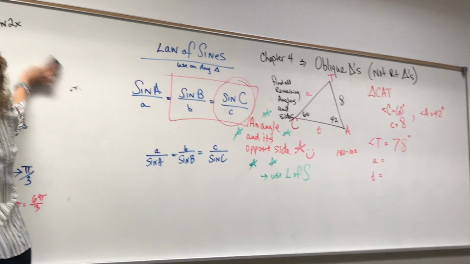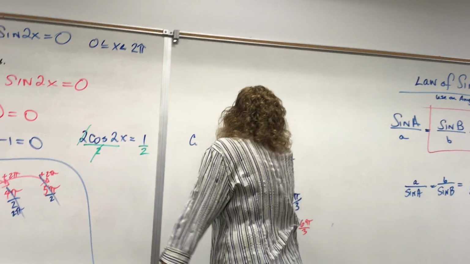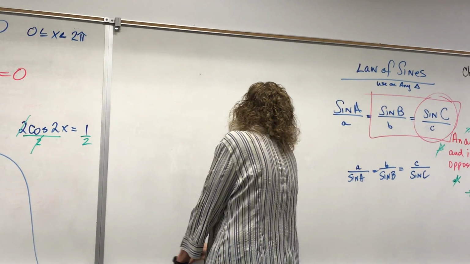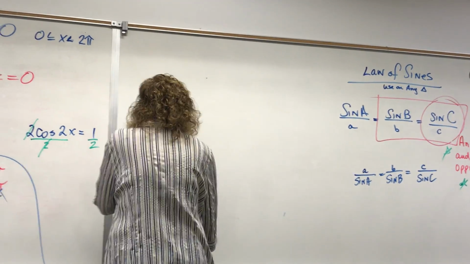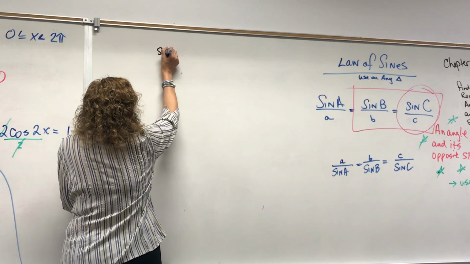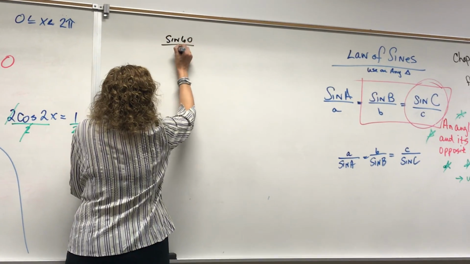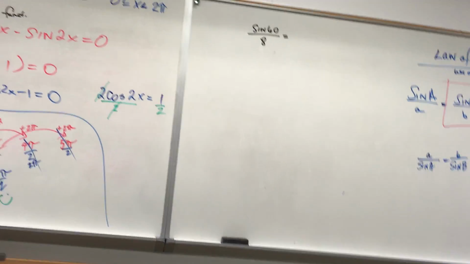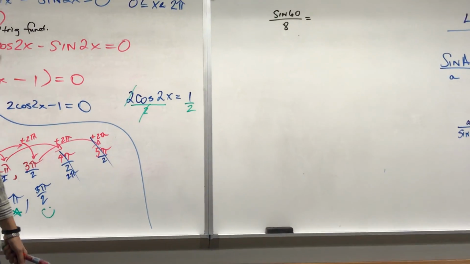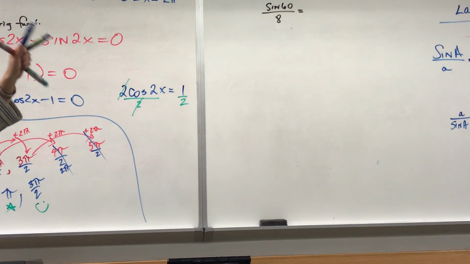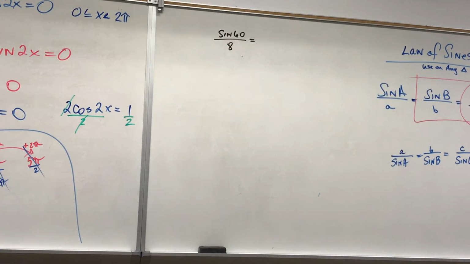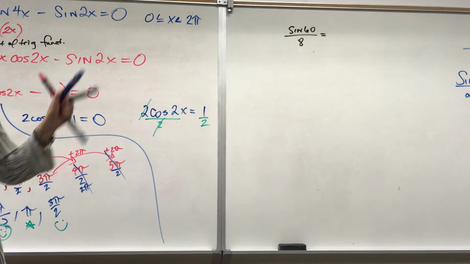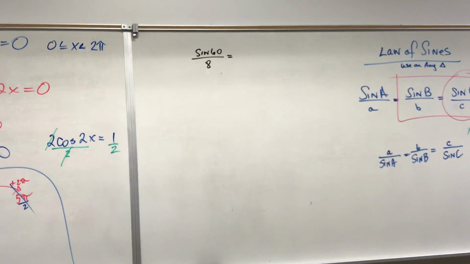With respect to that triangle, we know that angle C is 60, and we know that its opposite side is 8. So we're going to set that up: the sine of 60 over 8. Then we work with angle A. Angle A is 42.